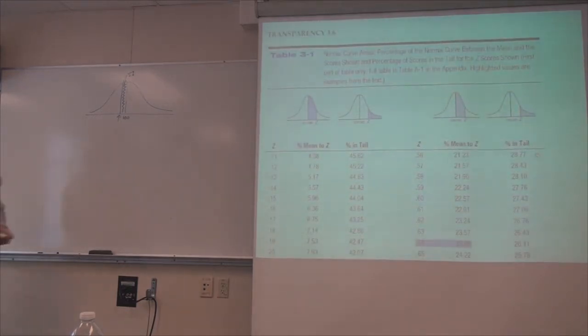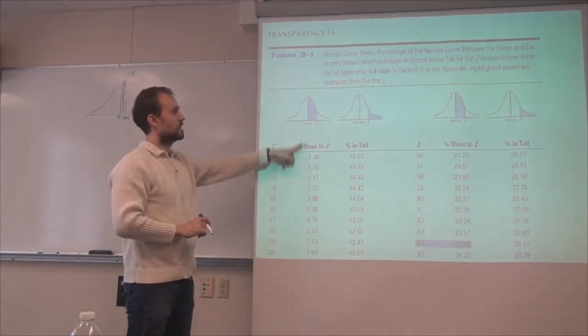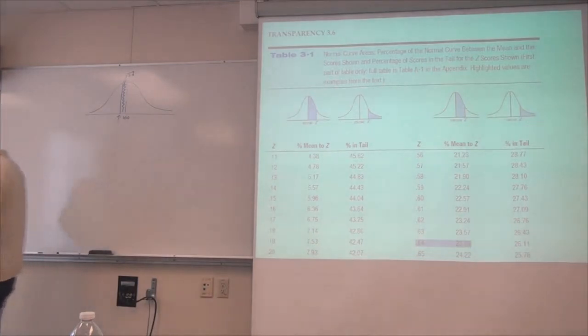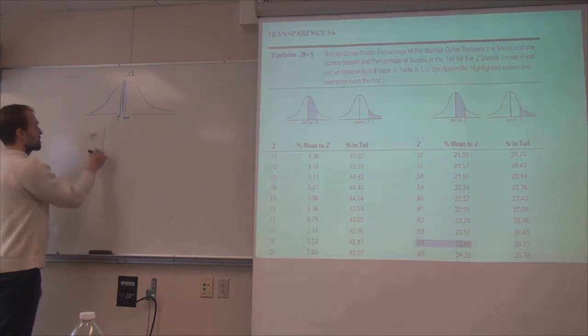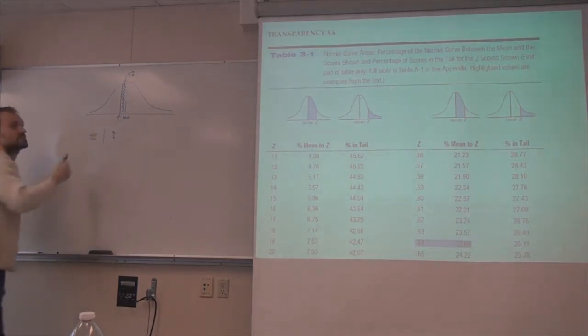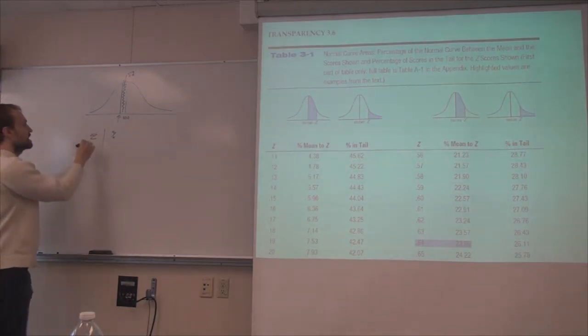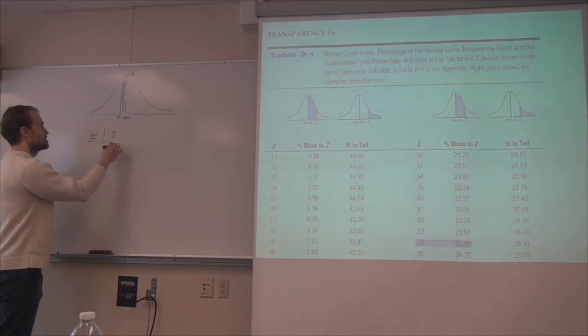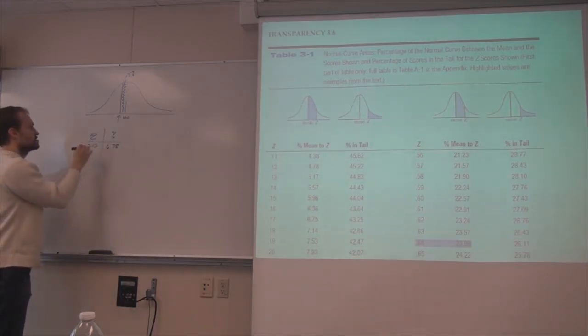So now I'm looking for this column, and I want to see a 5%. Is it actually on my slide? Yes. So it's the percentage from the mean. So I look for a 5%, 4.78, which has a z-score of 0.12.